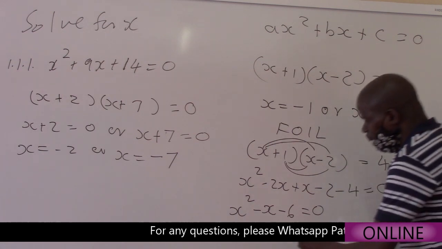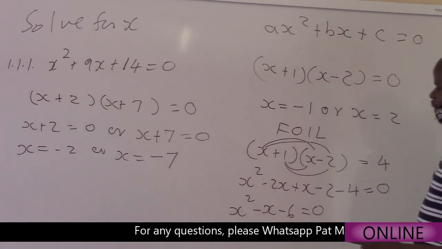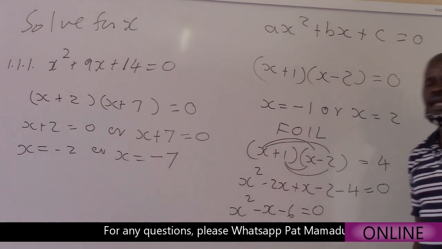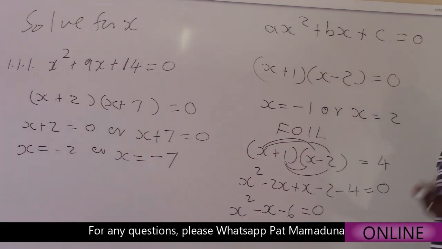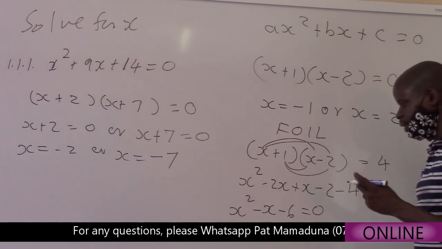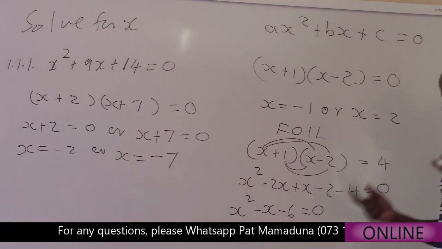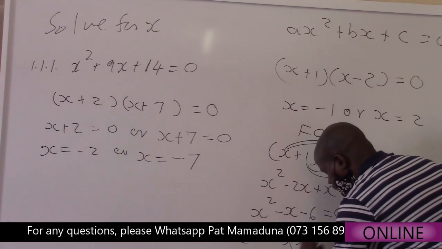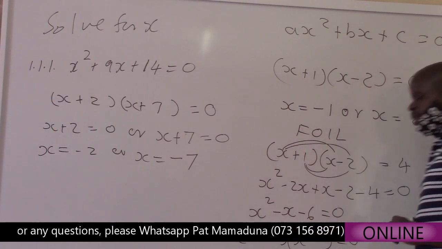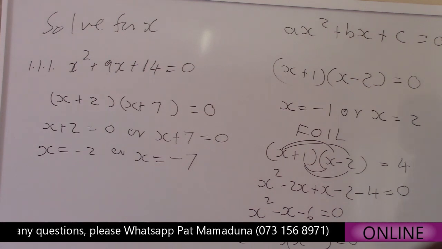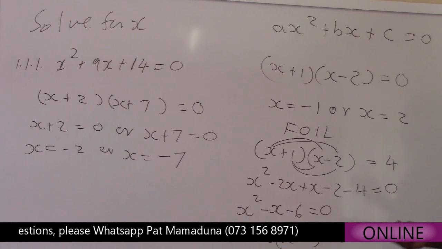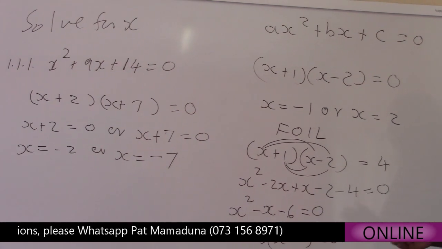And then now we come for the factorization. Again in this one, the first term is only x squared, so the factors there will just be x and x. So we will have our x in the first bracket and x in the second bracket, equals 0. Then the factors of 6 have 2 pairs, which are 1 and 6, and 2 and 3.